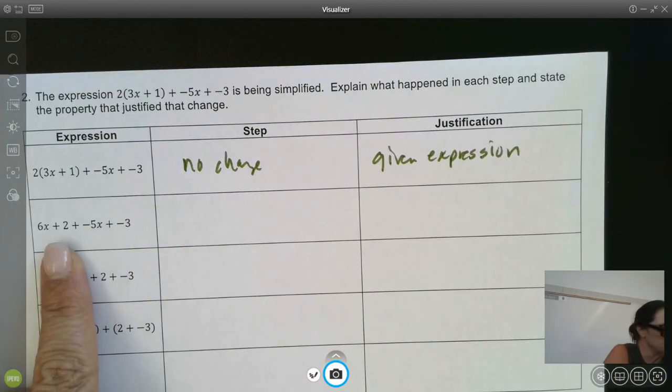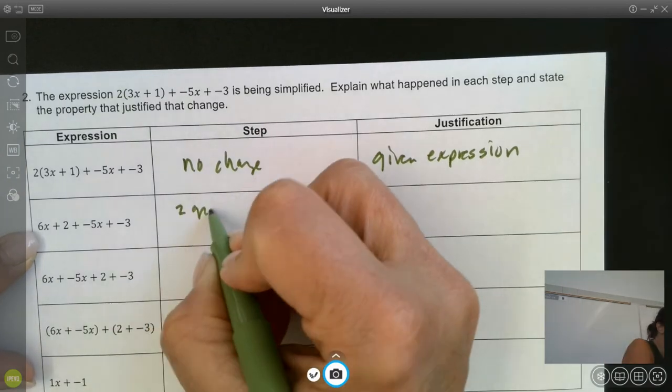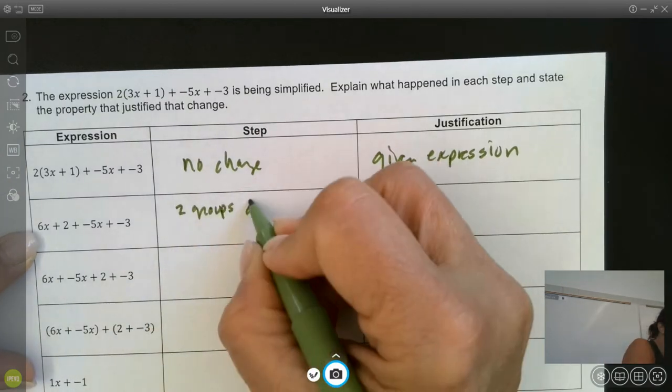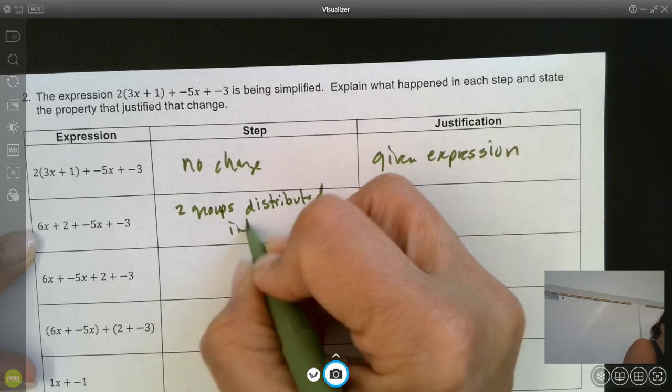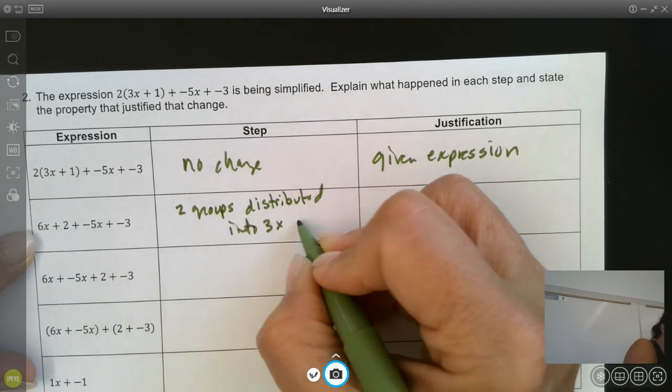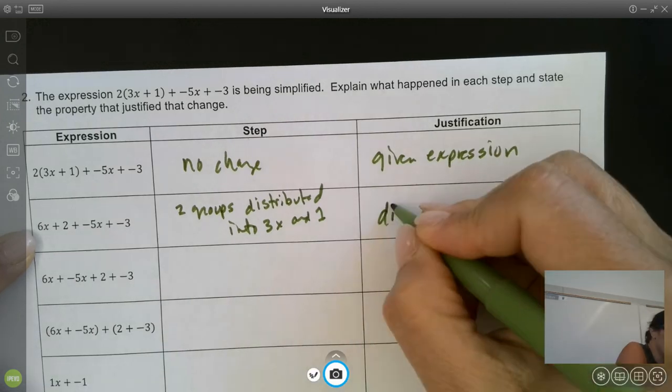Well, the 2 distributed, didn't it? Two groups distributed into the 3x and 1. That's the distributive property.